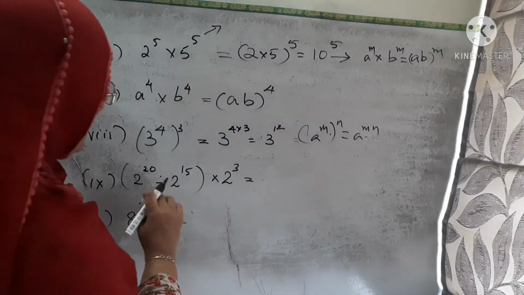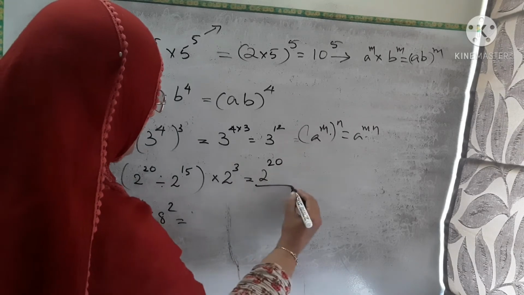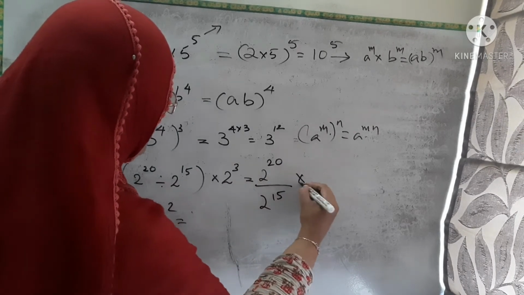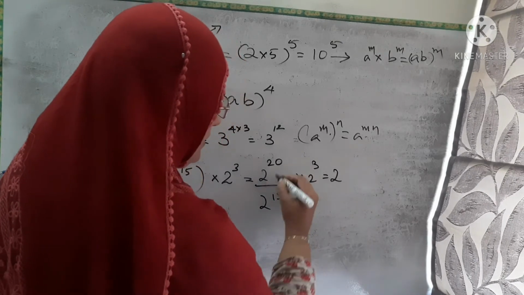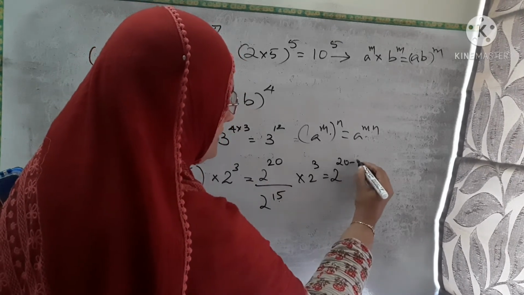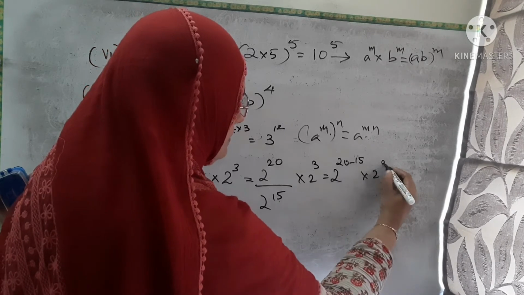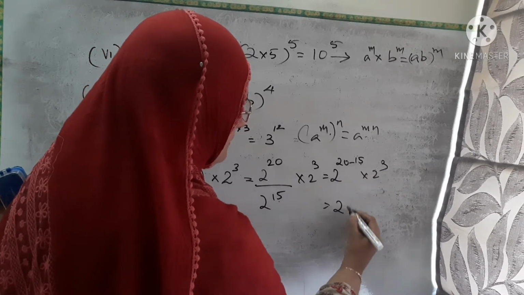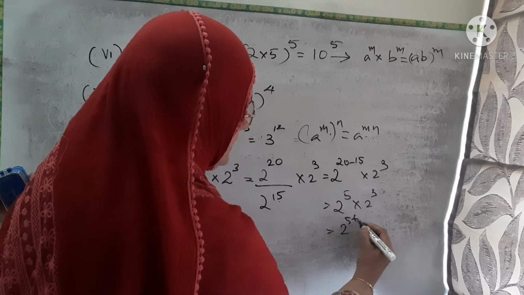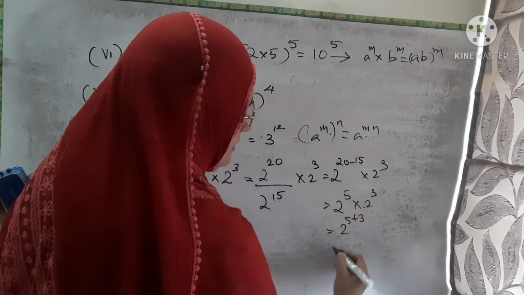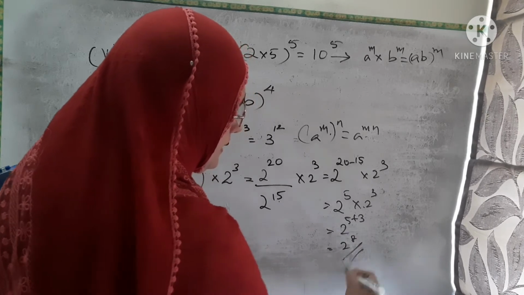See this one, 2 raised to 20 divided by 2 raised to 15 into 2 raised to 3. 2 raised to 20 by 2 raised to 15, a raised to m by a raised to n, a raised to m minus n, into 2 raised to 3. So 20 minus 15, 5. 2 raised to 5 into 2 raised to 3, that is 2 raised to 5 plus 3, a raised to m into a raised to n, that is 2 raised to 8.